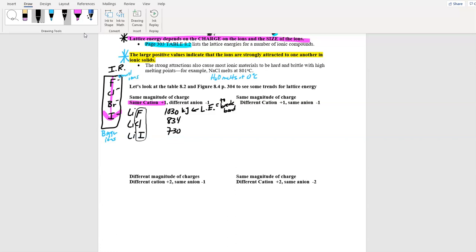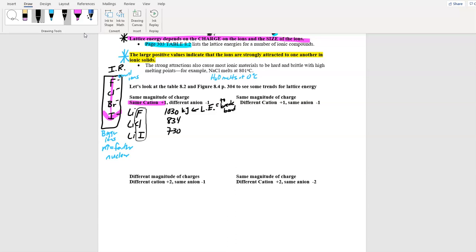And why was it small and big? Fluorine has fewer protons, and its valence electrons are close to the nucleus; its valence is n equals 2. But iodine has its valence electrons all the way out there, a higher quantum number, farther from the nucleus. So what do you notice?